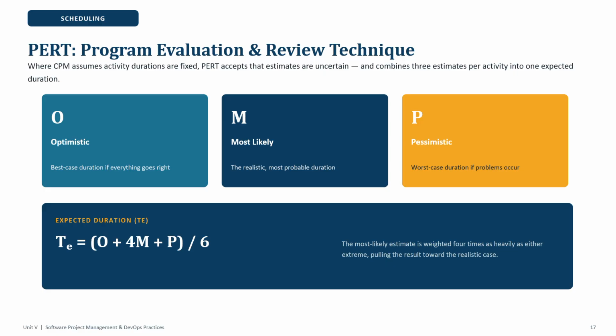O is the best-case duration if everything goes right. M is most likely, the realistic, most probable duration. P is pessimistic, the worst-case duration if problems occur. Expected duration is T equals (O plus 4M plus P) divided by 6.